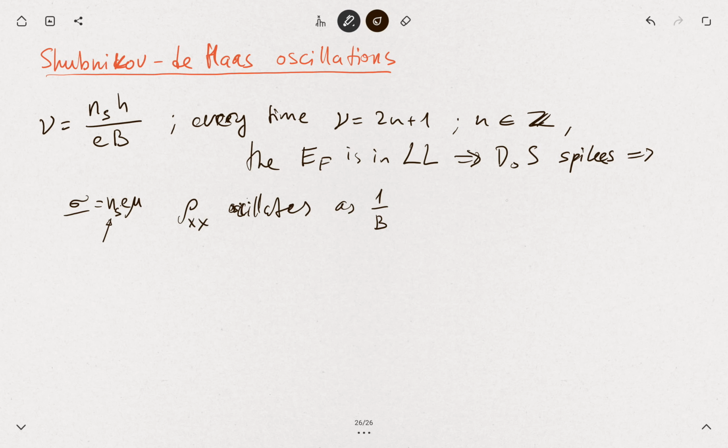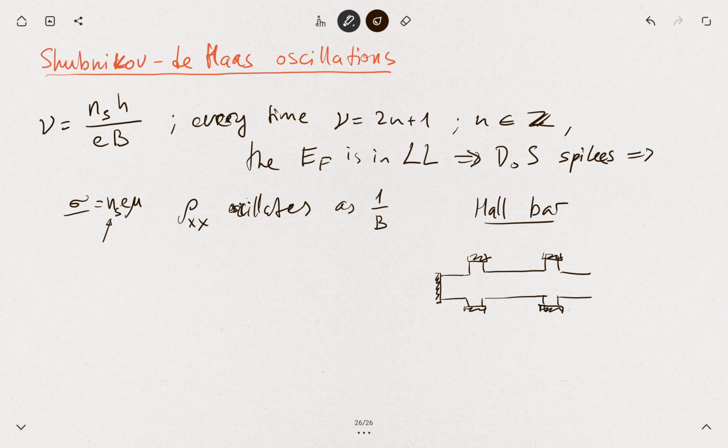So if you have a sample, usually the samples are made in the form of a Hall bar, and it's designed like that. And then a two-dimensional electron gas is usually carved in the form of this bar with 6 contacts. Those are metal contacts. And this is a two-dimensional electron gas.